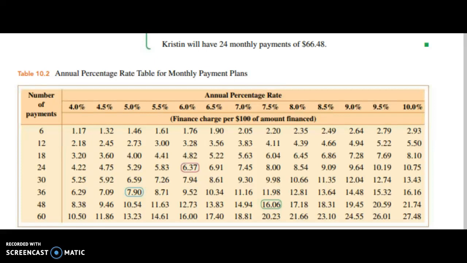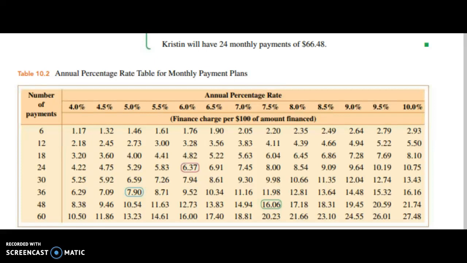Again, here's what we did. We took our calculation that we got when we divided the finance charge by the amount financed and multiplied by 100, and we got a percent of about 8.15%. Now we need to find the number of payments which Ilga made, which was 24. Then come across to the table and find the number that's closest to the 8.15, which would be this.